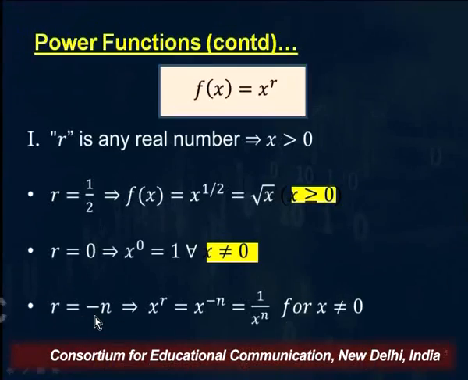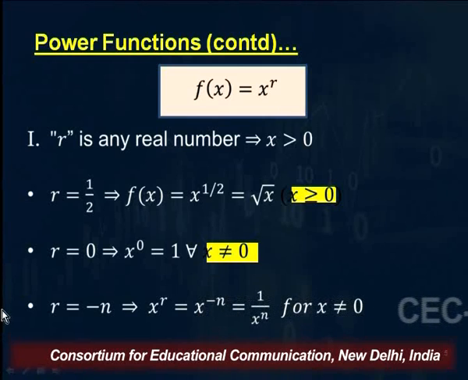And for that matter, even if we take the exponent, for example, as a negative integer, so here n is a natural number, so that r becomes a negative integer, in which case our expression x to the power r boils down to x to the power minus n, which is 1 divided by x to the power n. Here also things will not make sense if we put x equal to 0, because division by 0 is not defined.